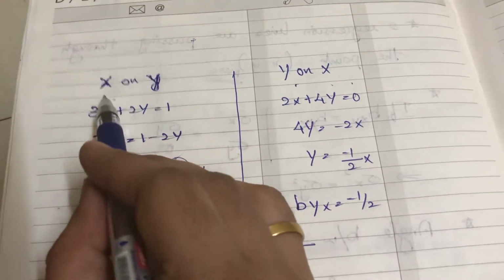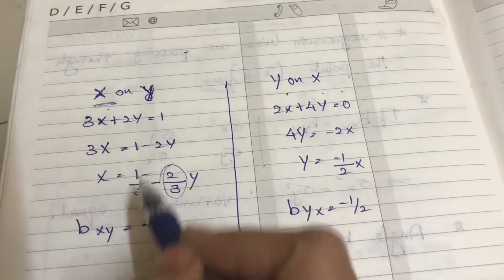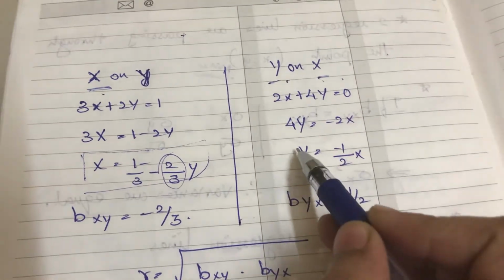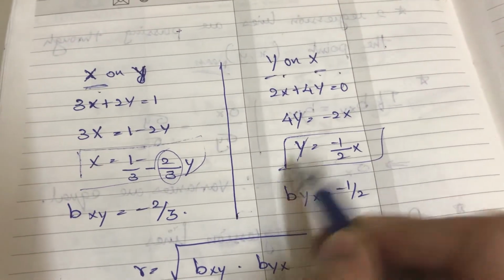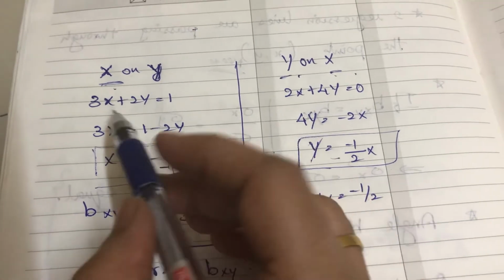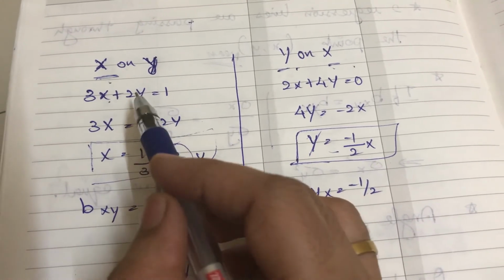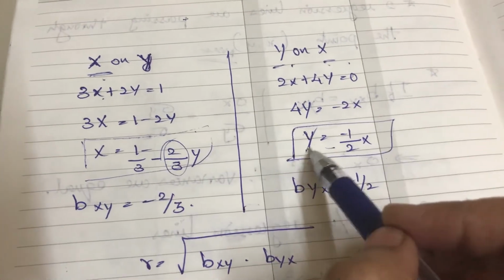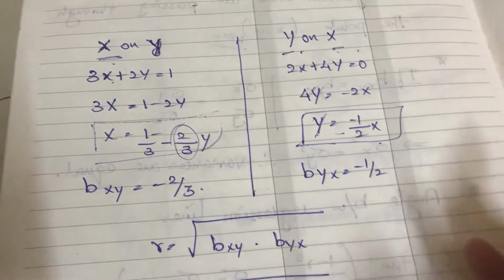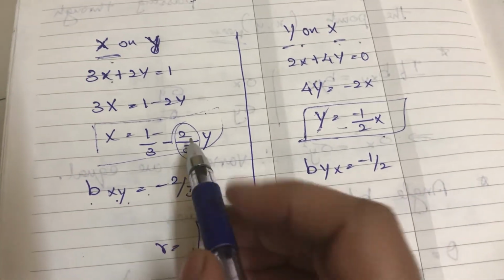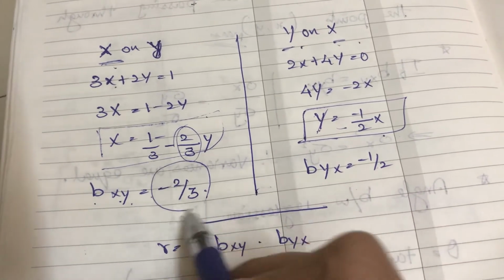For x on y, I need to first find x in terms of y, and for y on x, I need to find y in terms of x. Just keep the x here and the remaining numbers will go there, likewise y here. And here, bxy will be equal to the y coefficient.